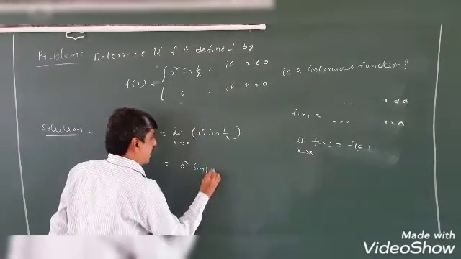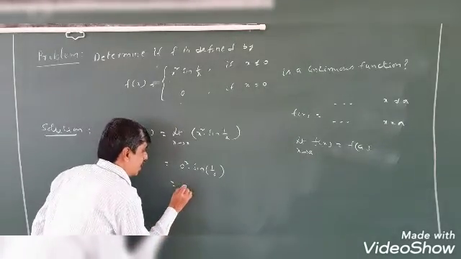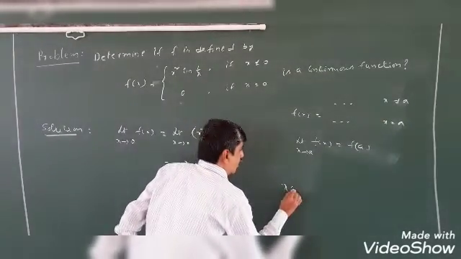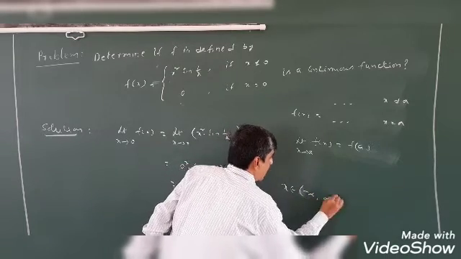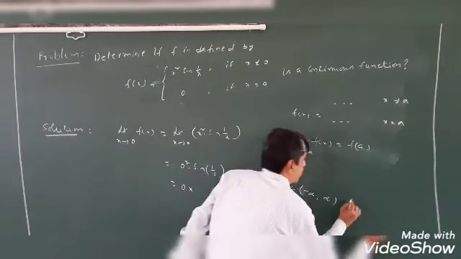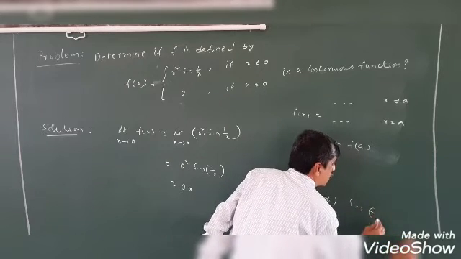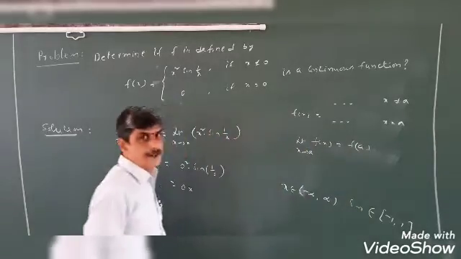So 1 by 0 means we will write it as 0 into x belongs to minus infinity to plus infinity. The sine value belongs to the closed interval minus 1 to 1.